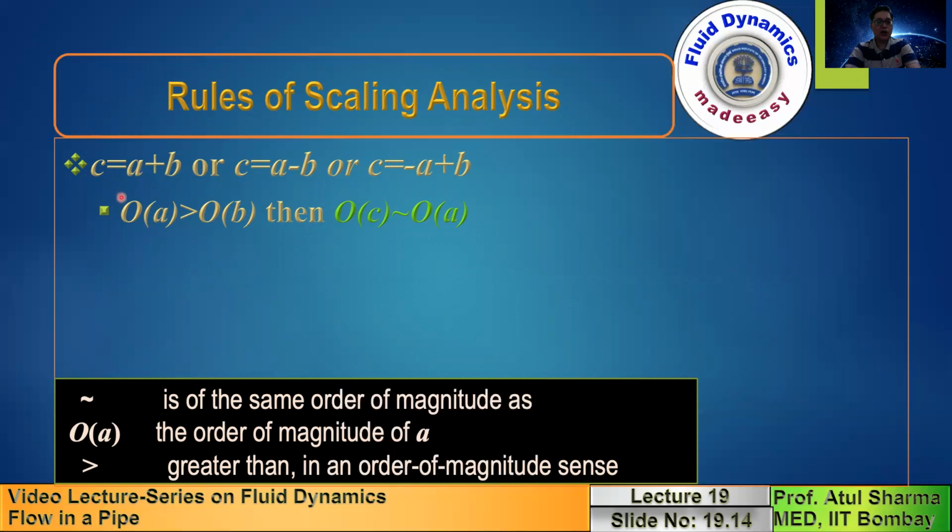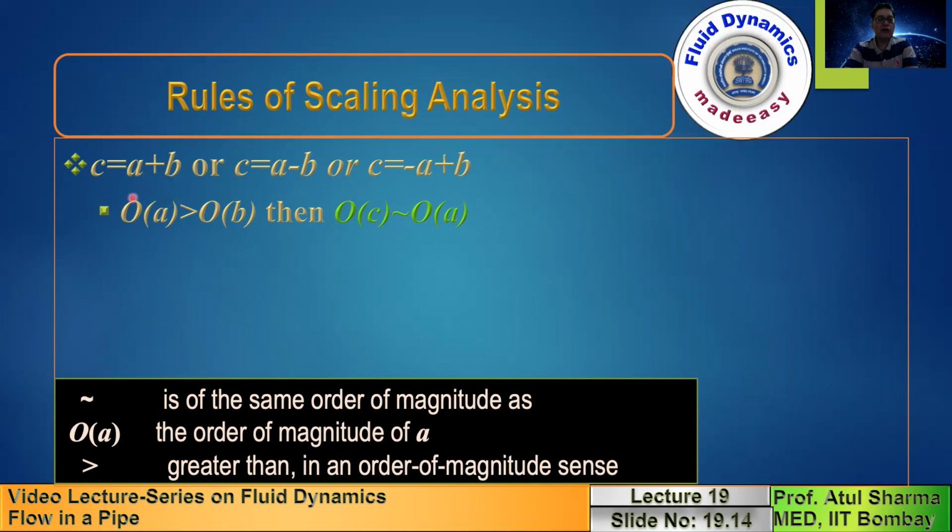Suppose the order of magnitude of A is greater than the order of magnitude of B. What I mean by order of magnitude is, let us suppose the value of A is 115 and the value of B is 10. Then the order of magnitude of A is 10 squared, and B is of the order of 10.